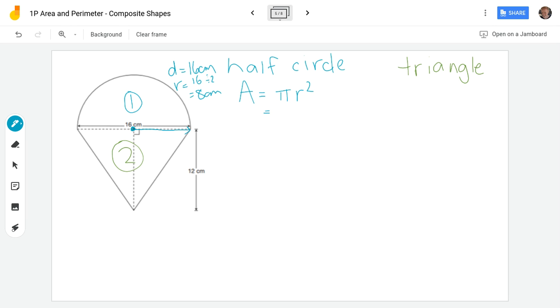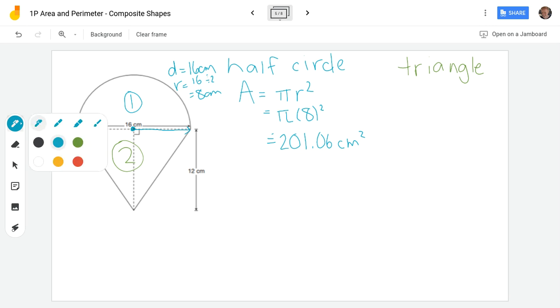So for the area, we do pi times 8 squared. And remember, you do the exponents first. So 8 squared is 64. And then you multiply by pi, and you get approximately 201.06. And then the units are centimeters squared.